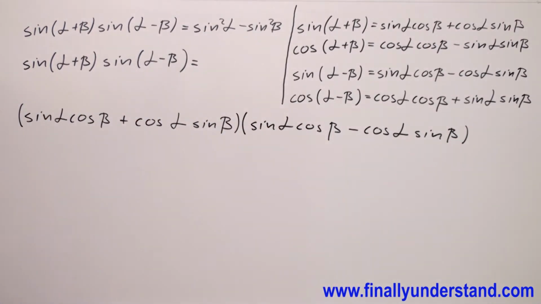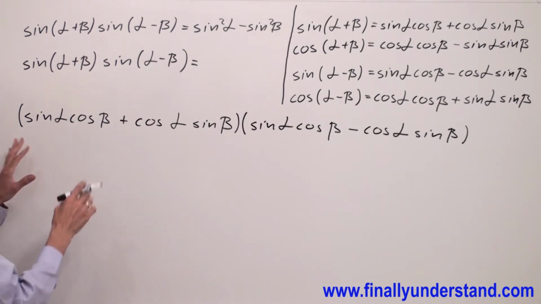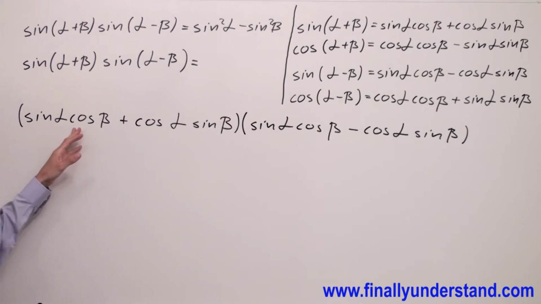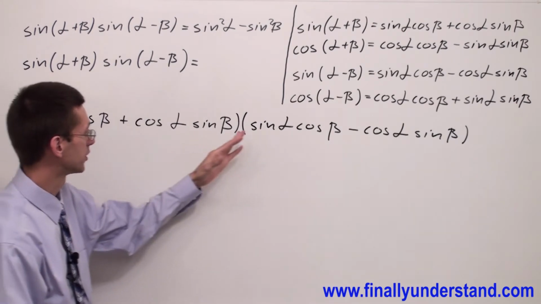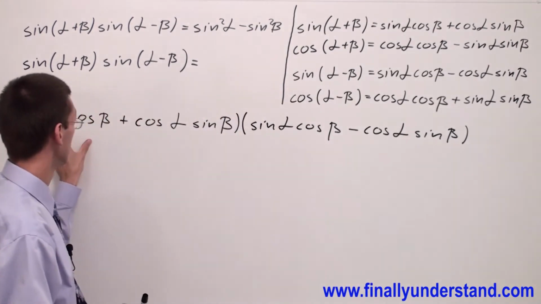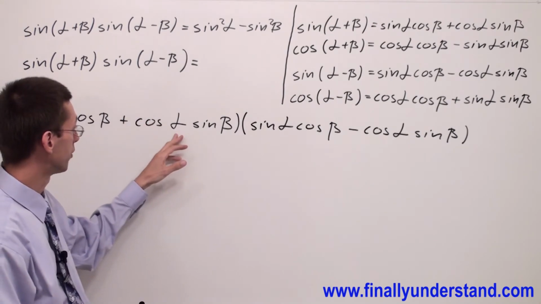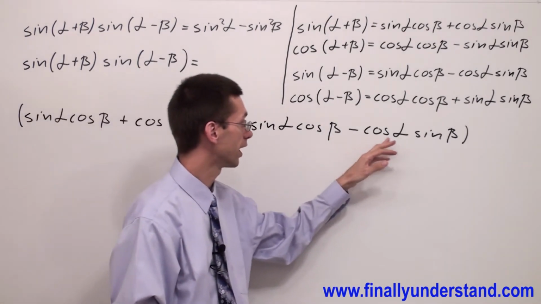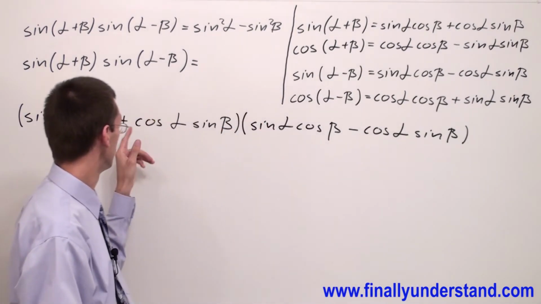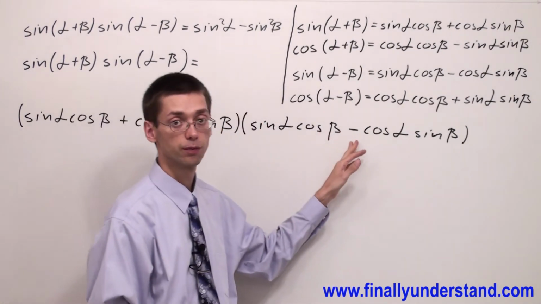Now, I want you to look at the expressions inside of the parentheses. I have sine alpha cosine beta and I have sine alpha cosine beta. They are identical. And I have cosine alpha sine beta, cosine alpha sine beta. They are identical beside the signs.